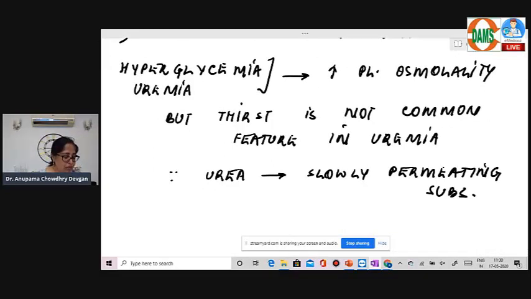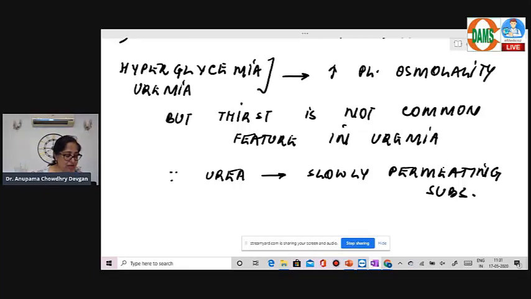Even though urea is a solute in plasma, so it will increase the plasma osmolality in a patient of uremia, thirst is not common because urea is a slowly permeating substance. It can move across the cell membranes, right? Yes, it is freely permeating, but slowly.